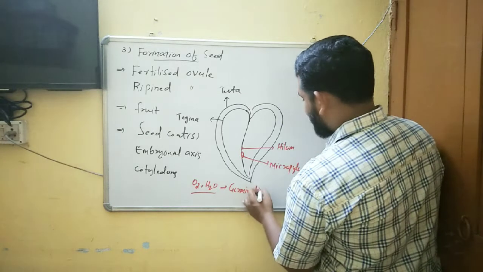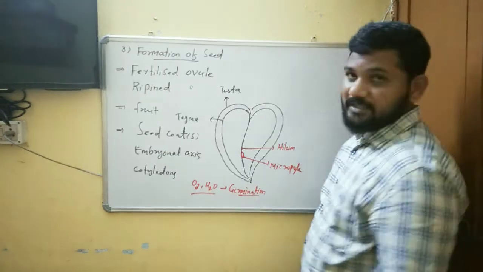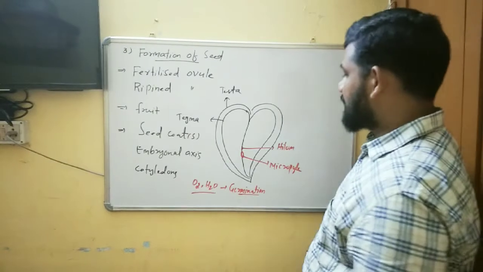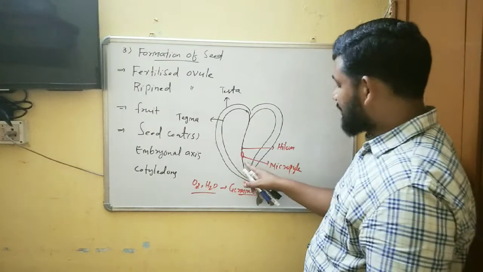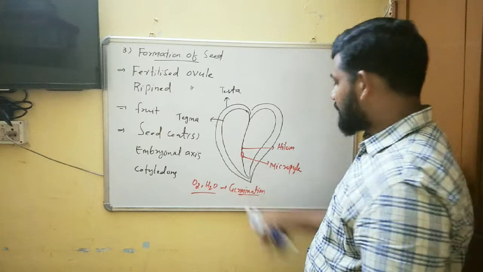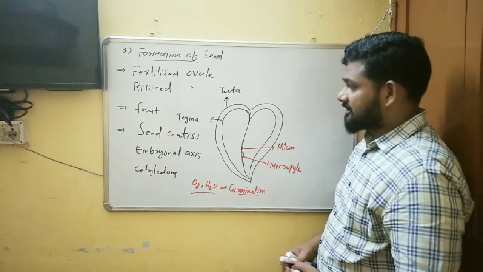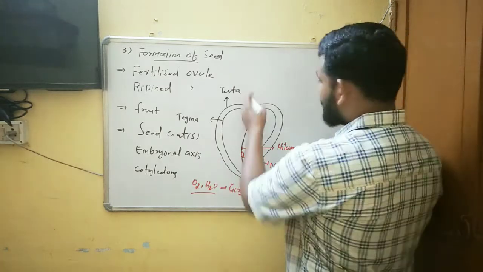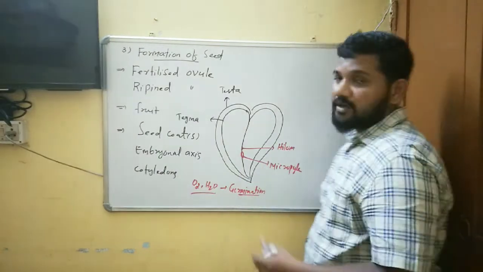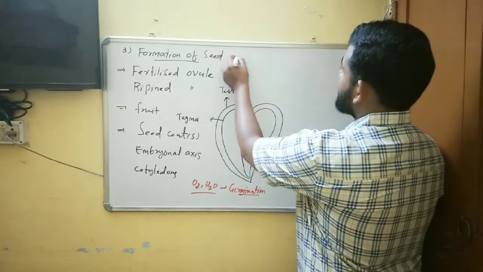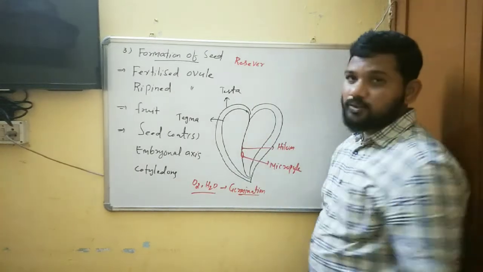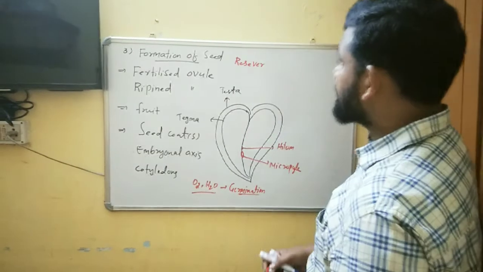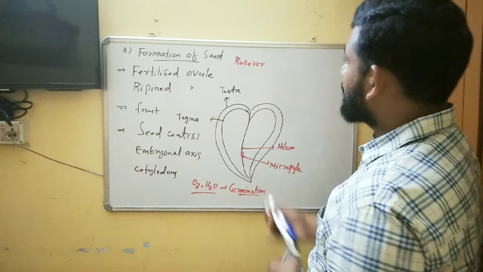Germination of seed requires adequate oxygen and water, and these two enter through the micropyle during the germination process. The embryo has an axis and one or two cotyledons. They help in the reserve or storage of food material. So these are the two different parts of seed.